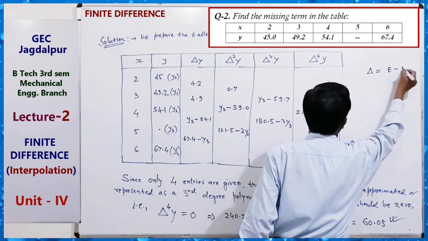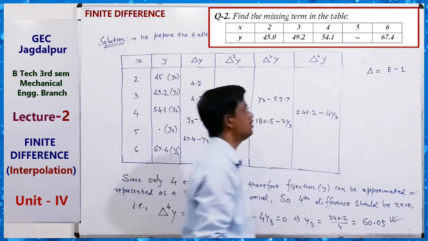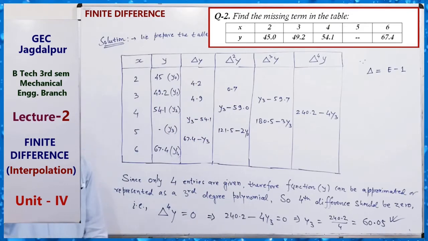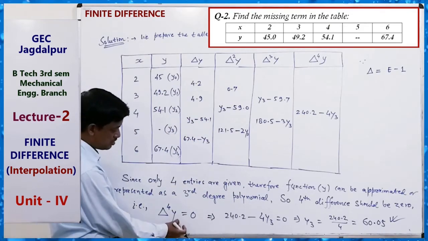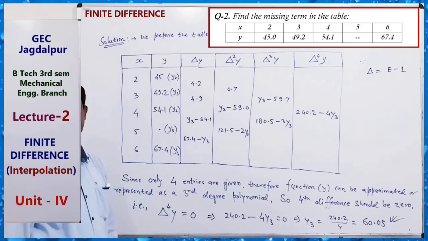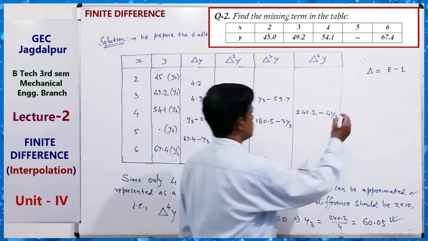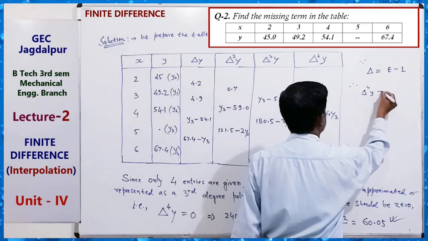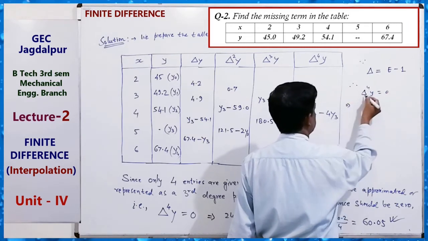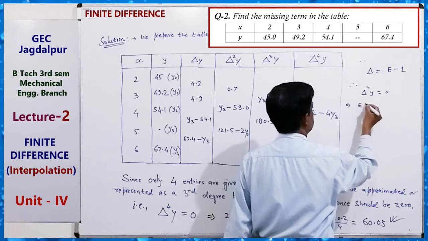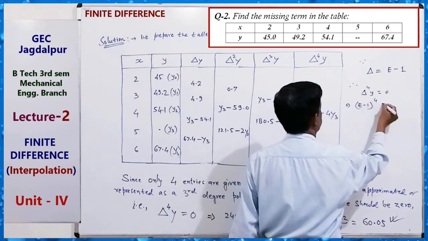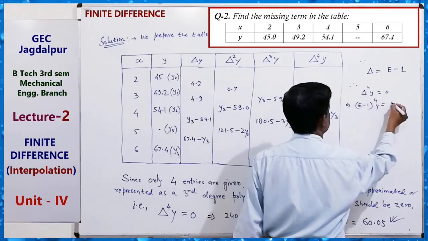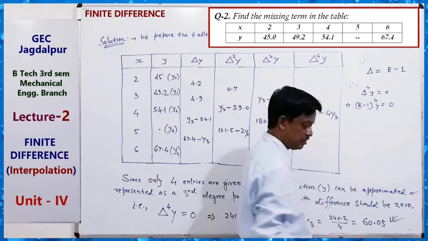We know this, so the operator del equals E minus 1. Here you can use that relation too. Therefore, del to the power 4 of y equals 0, so we can write (E minus 1) to the power 4 equals 0. Clear?